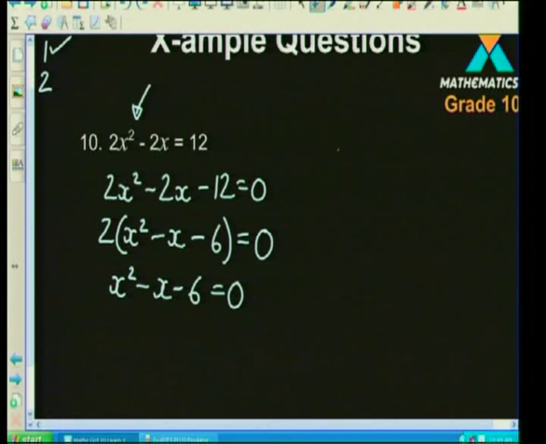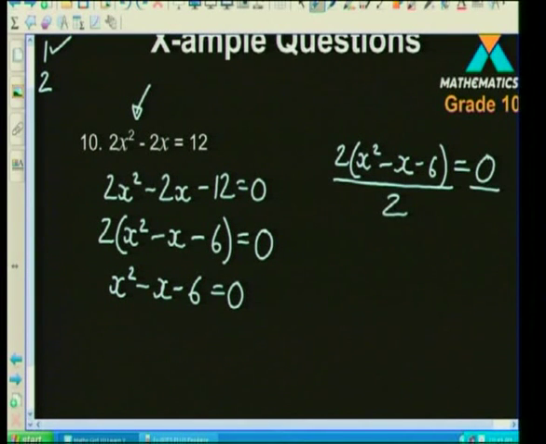How did that happen? Well, I'm going to show you on the side just very quickly. In order to get rid of the 2, we divide both sides by 2. The 2 cancels with the 2, and over here 0 divided by 2 is 0. So x squared minus x minus 6 equals 0.